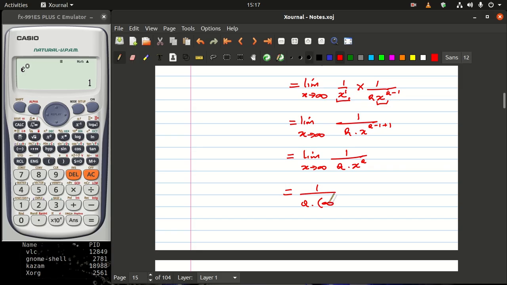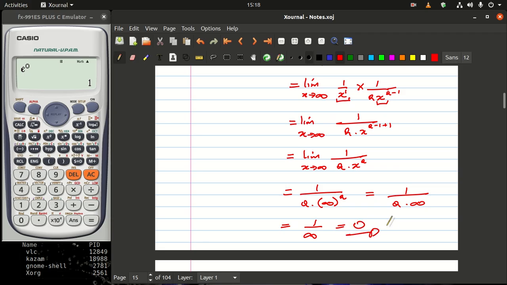some infinity raised to a positive constant. Once I have a positive constant here, this is going to be infinity. Of course, we said it's going to be 1 divided by a times infinity. This is positive. A positive constant times infinity is going to be positive infinity. So I have 1 over infinity, and 1 over infinity is just a 0.